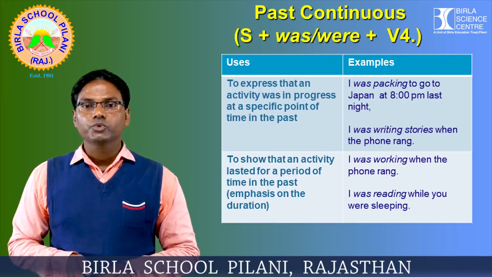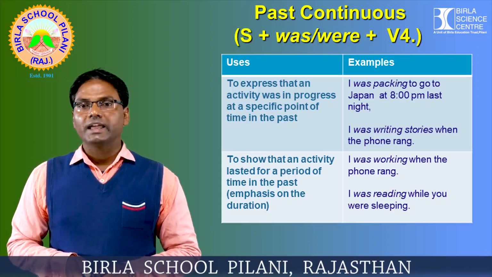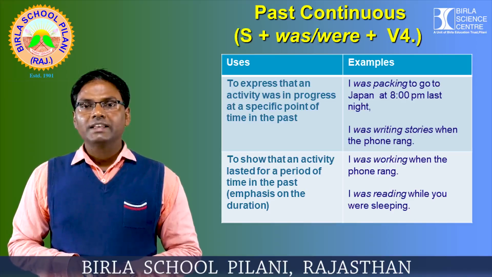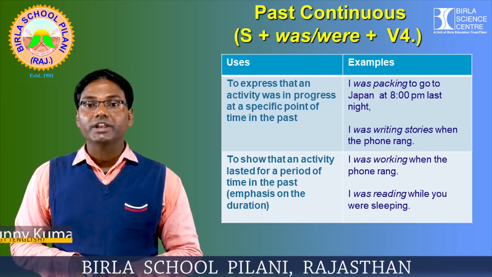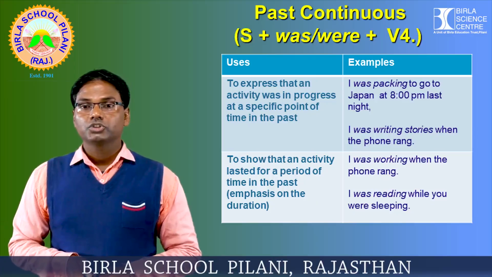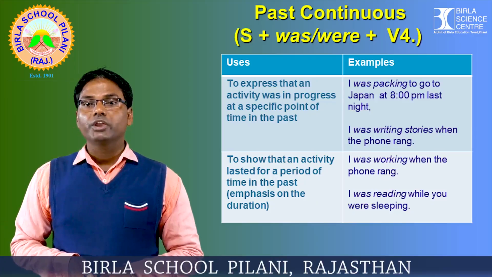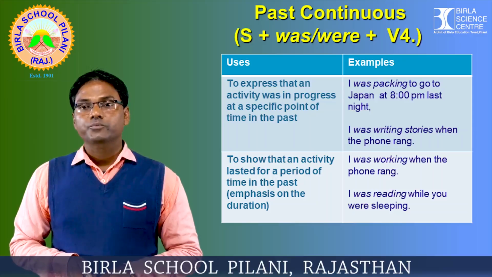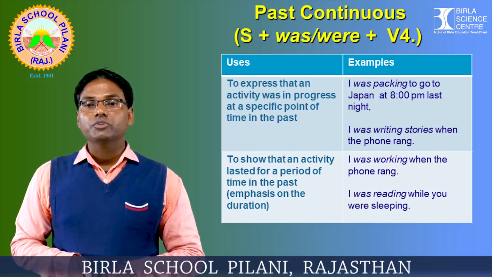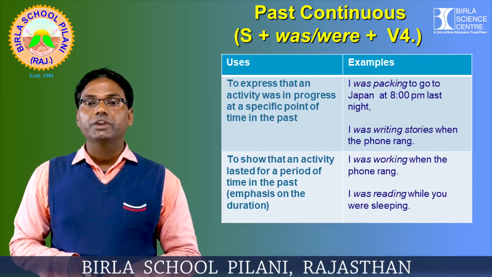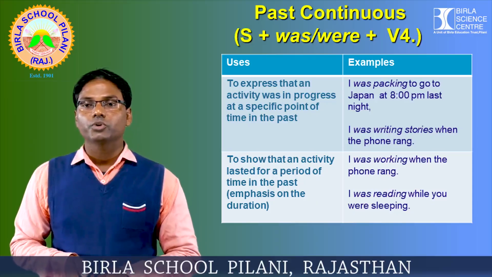Now, the next use is to show that an activity lasted for a period of time in the past. Remember, emphasize the duration. The activity lasted in the past. See the example: I was working when the phone rang. Means before the ringing of the phone, I was continuously doing the work.